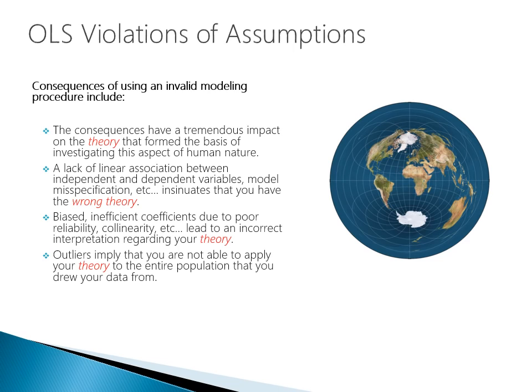Outliers imply that we're not able to apply our theory to the entire population that we're drawing our data from. So outliers have an interesting impact: if our model can't address the outliers, our theory isn't generalizable. And overfitting implies that we're overconfident with our theory.